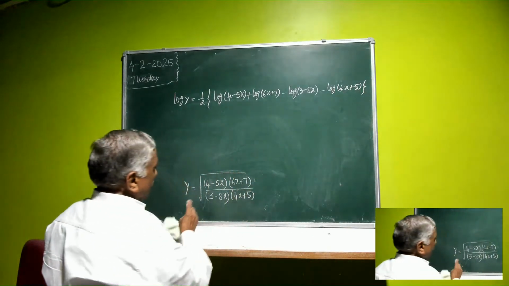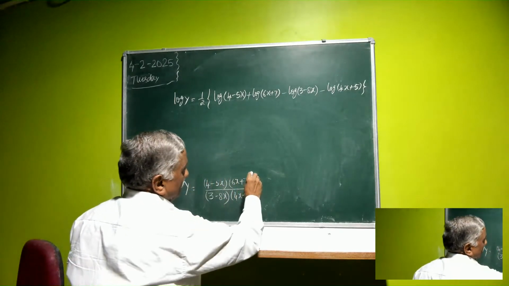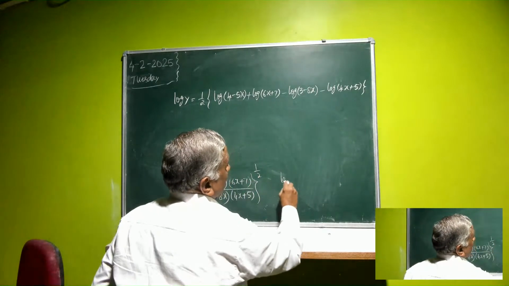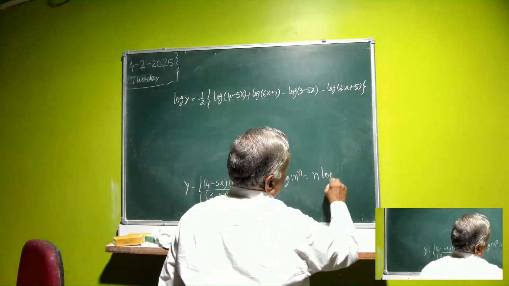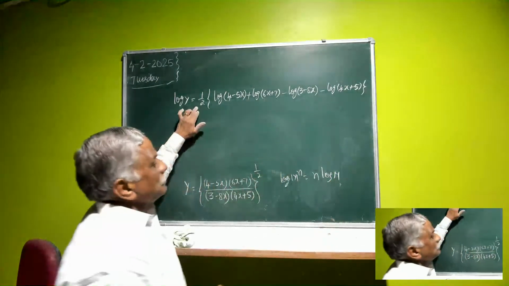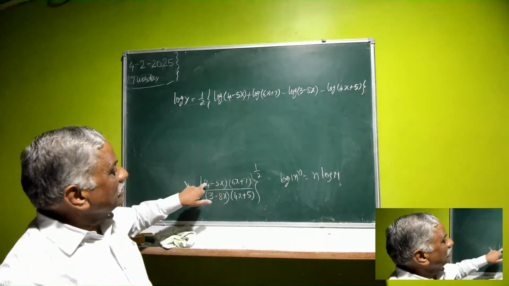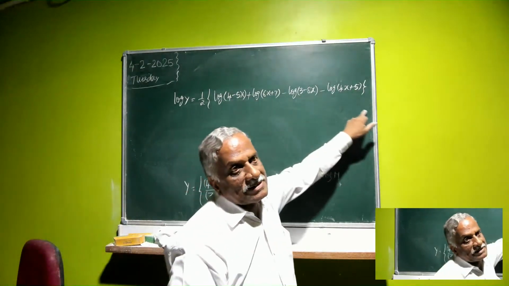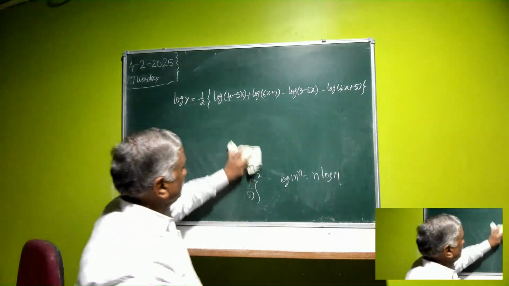The first thing is I just wrote this root as power half. And I am using the formula log m power n is n log m. So half is outside. Then log m by n is log m minus log n. Then log mn is log m plus log n. You get minus sign for both of them because those two terms are in denominator.